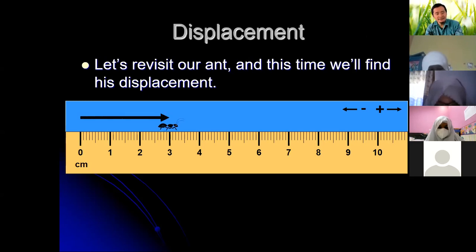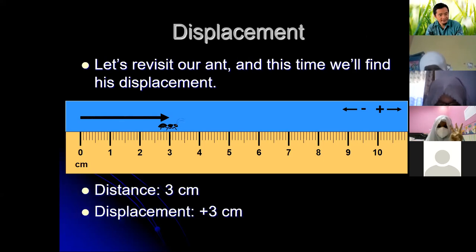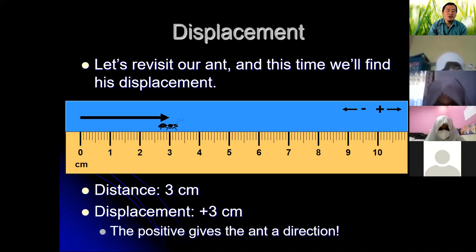Go to the right from 0 until 3. The distance is 3. Displacement is plus 3. Why do we use plus? Because plus is the direction that we have understood. If the direction is to the right, it becomes plus. If to the left, it becomes minus. The positive or plus gives the man a direction.